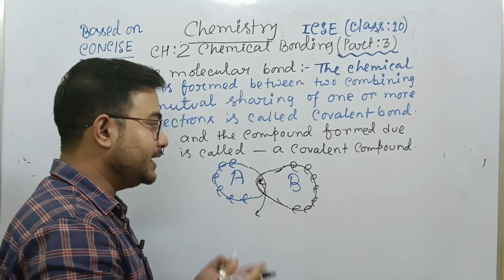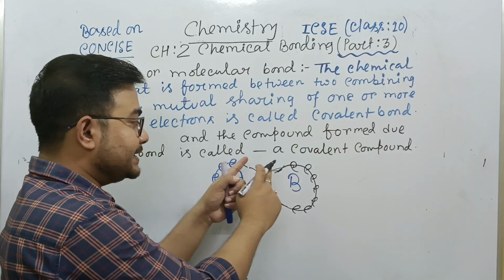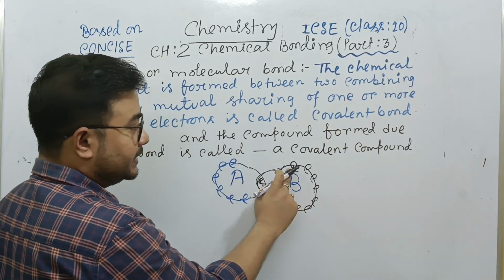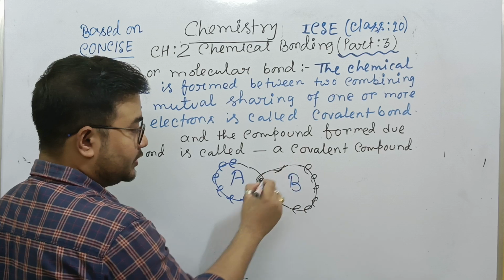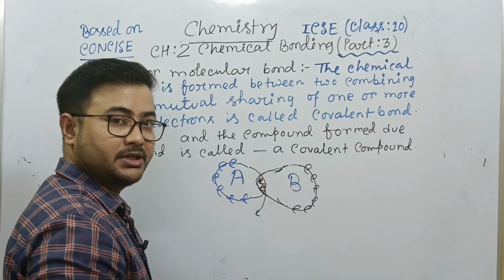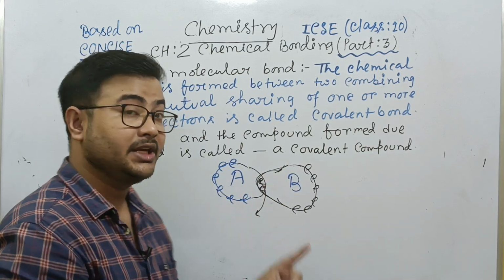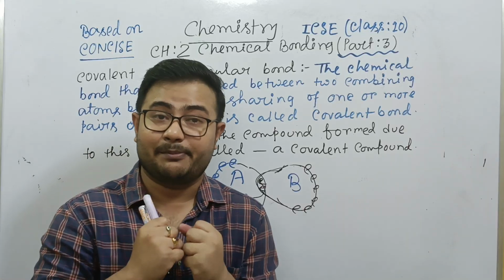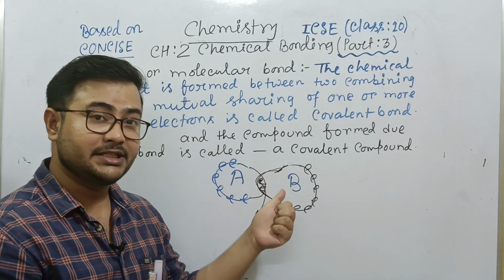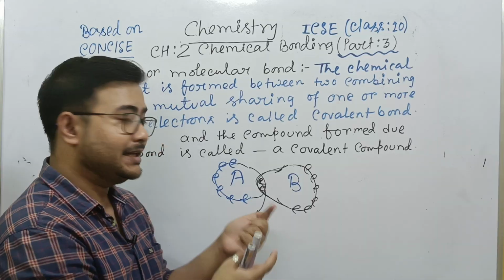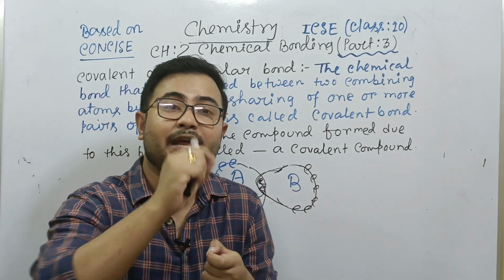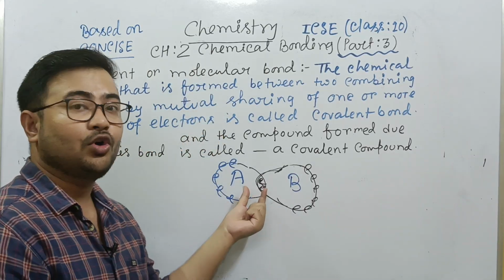B has the same tendency to accept 1, so instead of accepting 1, B tries to donate 1 electron into the common space. Both A and B have a tendency to accept 1 electron each, but instead of accepting, both try to donate the electron into the common space.